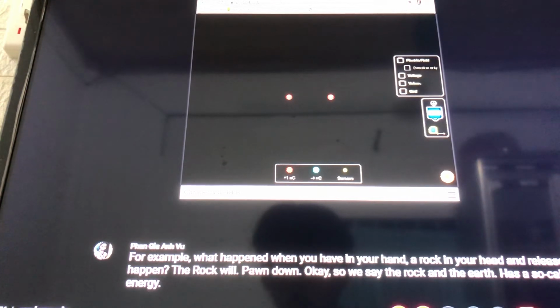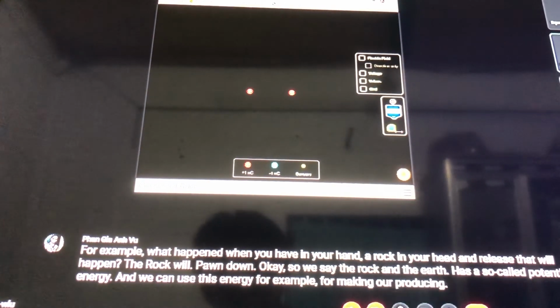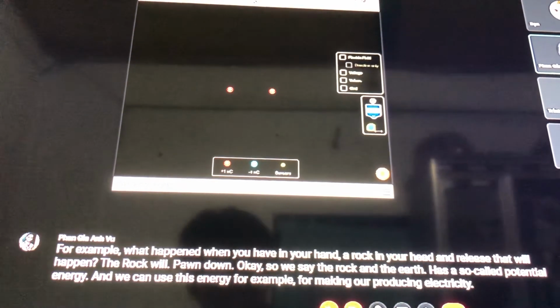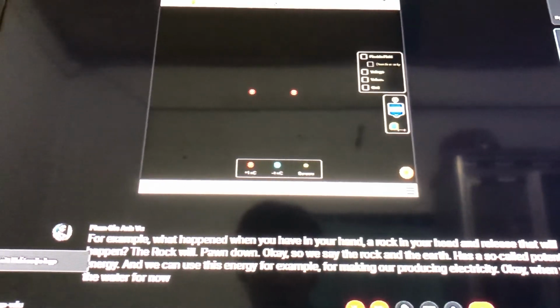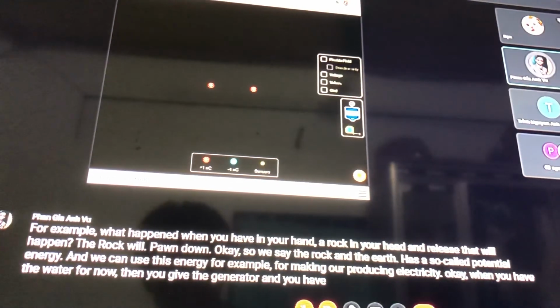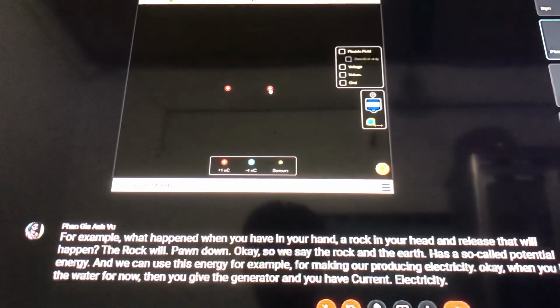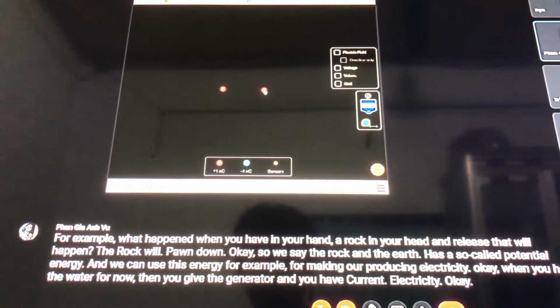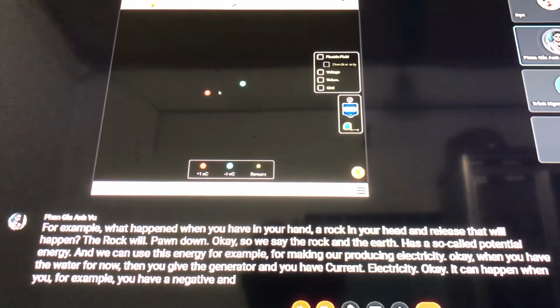And we can use this energy, for example, for producing electricity. When the water falls down, you use the generator and you have current, electricity.